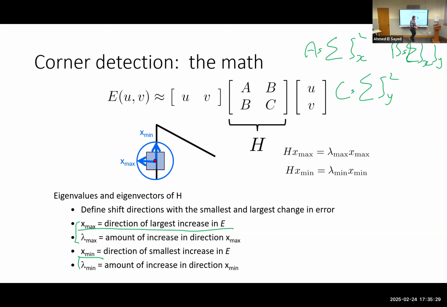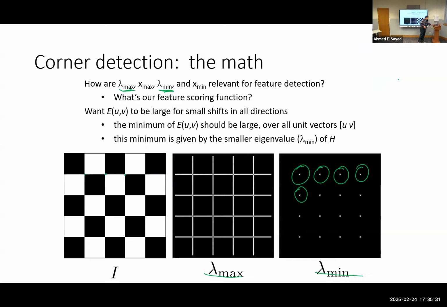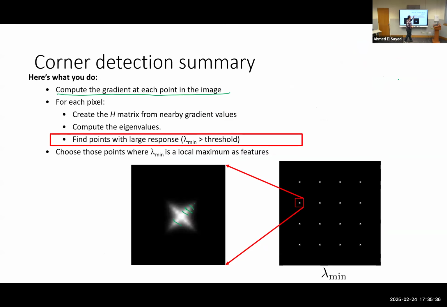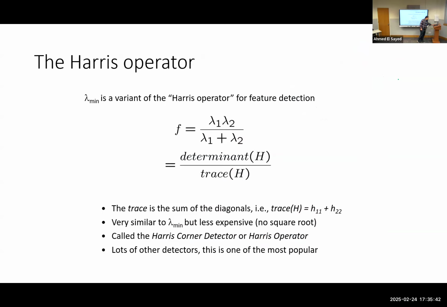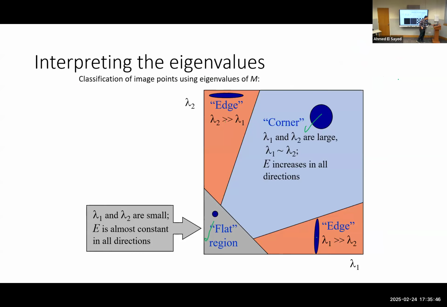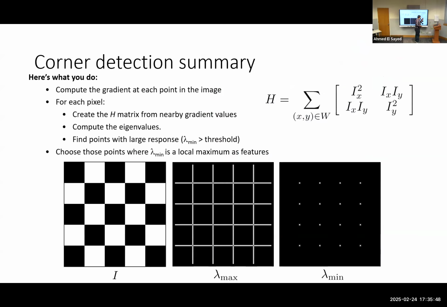So the first step in my calculation must be calculating the gradient. Then, for those gradients, I will start to group them by the window size, U and V. And for each window, I will calculate the H matrix.